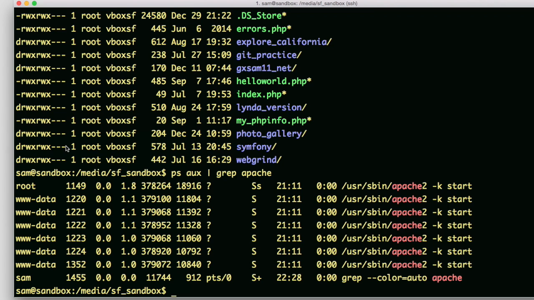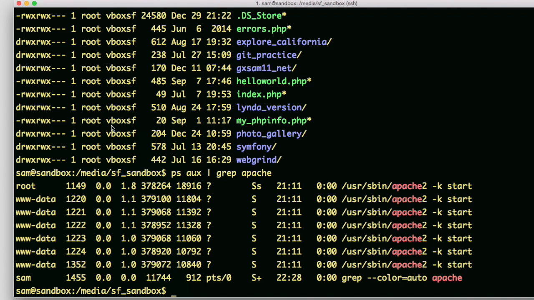All permissions on my web files are like this: RWX for owner, RWX for group, and nothing for other. First of all, so far the only user who is accessing my web files is the web server, and that user is www-data.